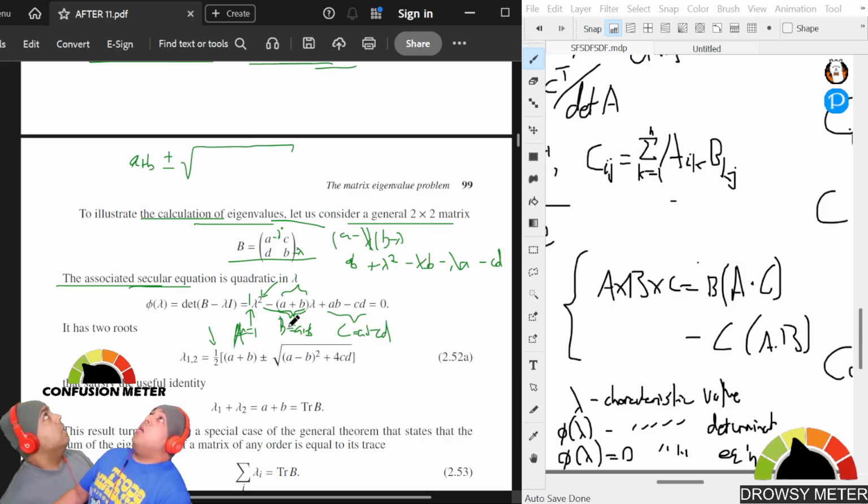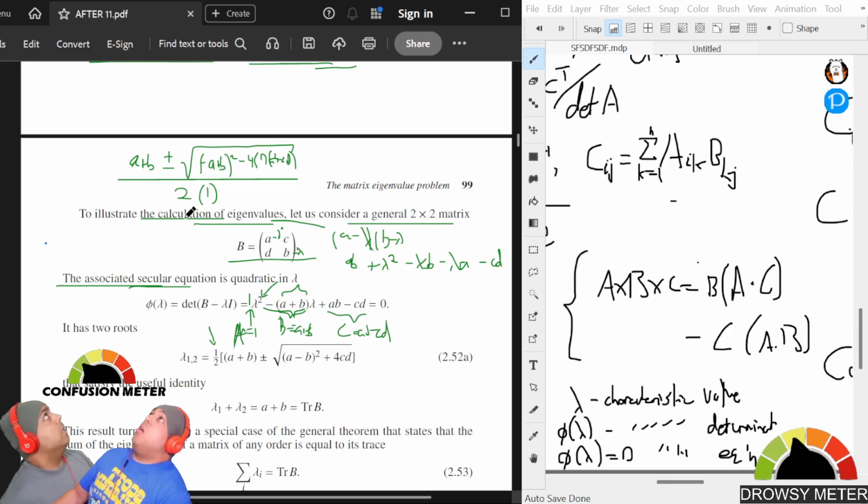B squared is minus a plus b squared, minus 4ac. A is 1. C is ab minus cd. Over 2a, a is 1, so over 2.